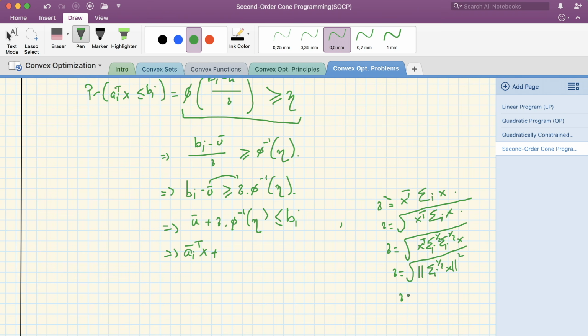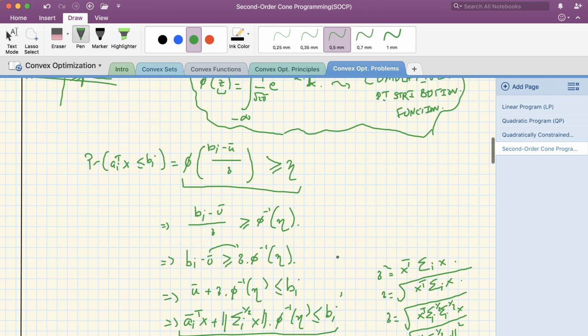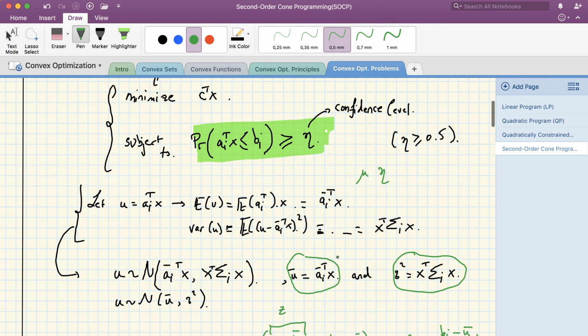With the square root, you'll end up with the norm of sigma_i half x without a square, right? We're going to plug this here. So the norm of sigma_i half x multiplied by phi inverse of eta, less than b_i. And there you go.